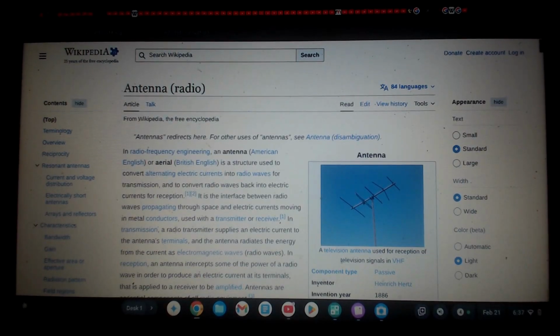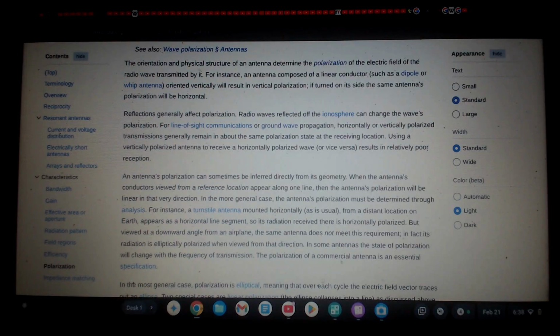The orientation and physical structure of an antenna determine the polarization of the electric field of the radio wave transmitted by it, meaning the photon transmitted by it. For instance, an antenna composed of a linear conductor, such as a dipole or a whip antenna, oriented vertically, will result in vertical polarization. Gee, and it's the same percentages too.